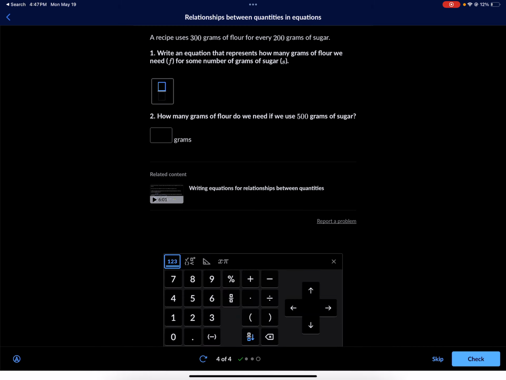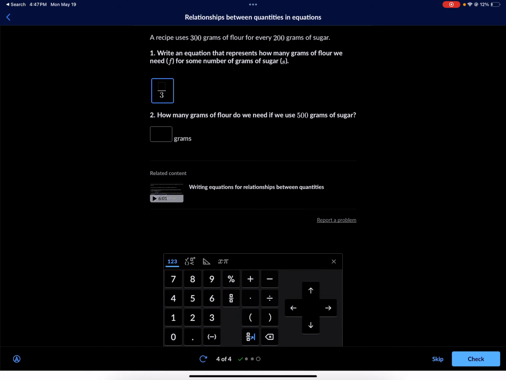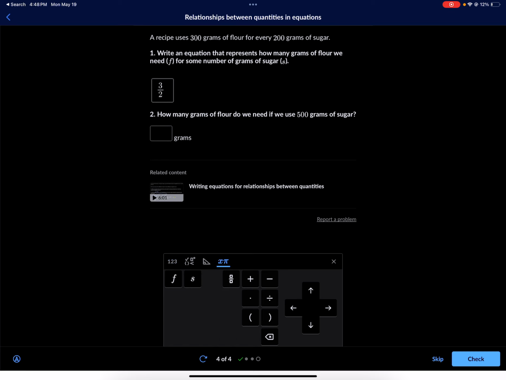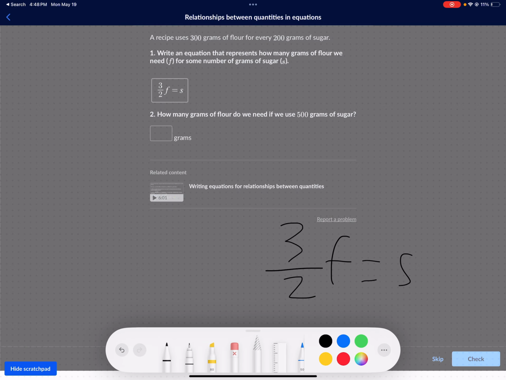So we put the ratio 3 to 2, flour equal to a given amount of sugar. And now, if we have 500 grams of sugar, we want flour.